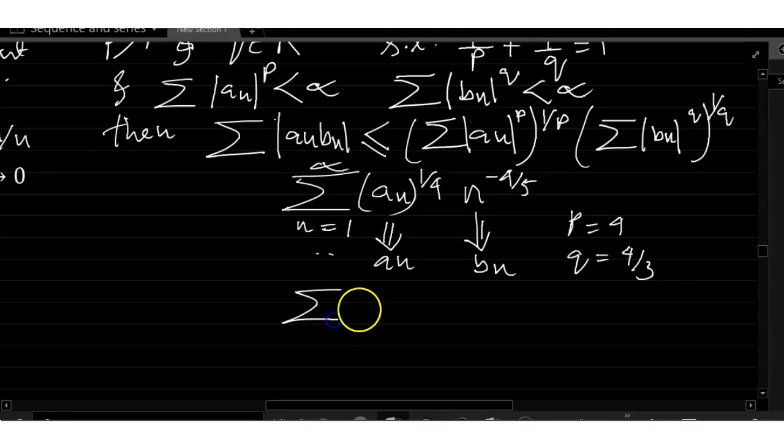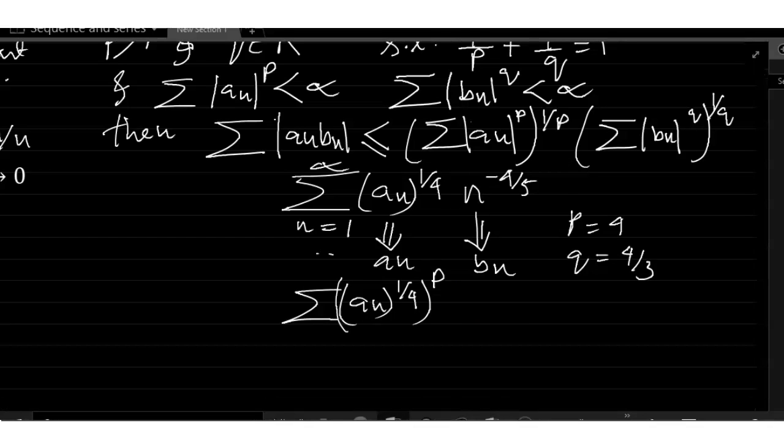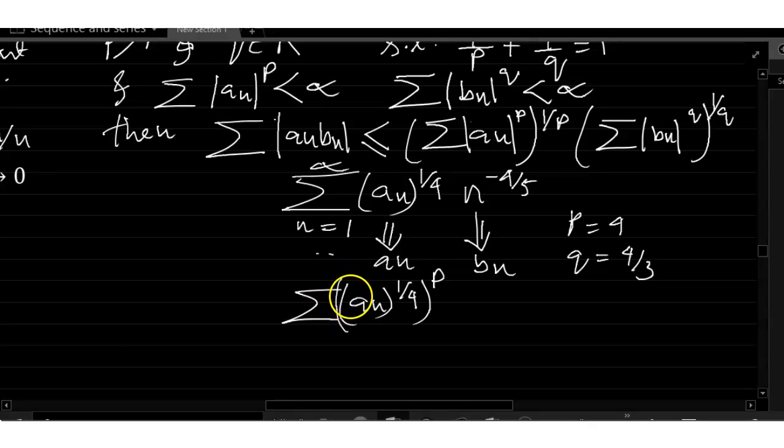Then summation (a_n^(1/4))^P equals summation a_n, which is convergent.